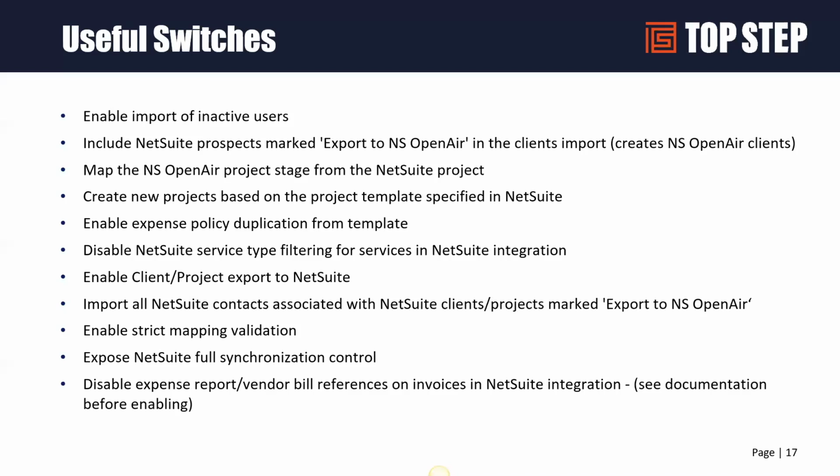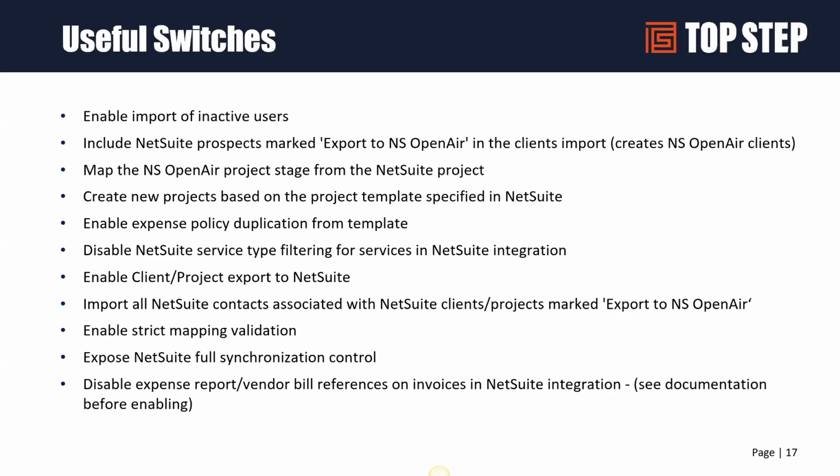So some of the useful switches, some we've talked about, some we have not. I'll highlight these and where I feel they'll be of benefit. Not too long ago, if you inactivated a user in NetSuite, there would be no further updates in OpenAir from that employee record.